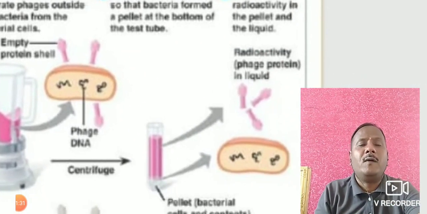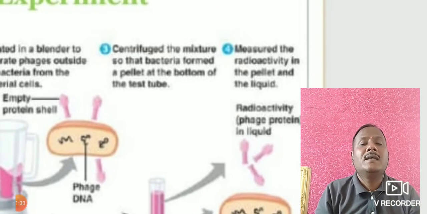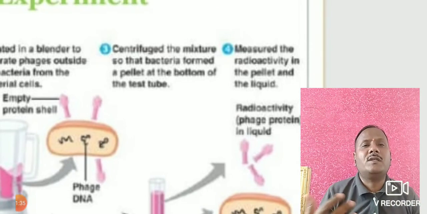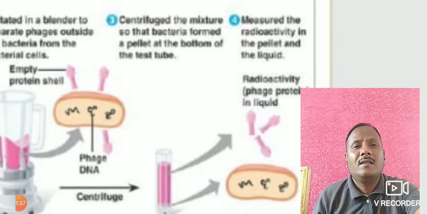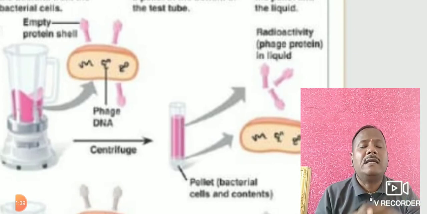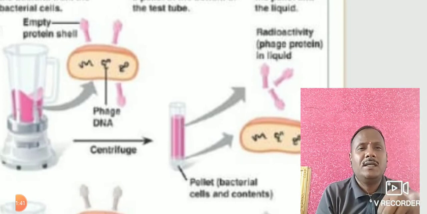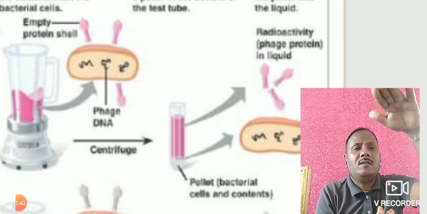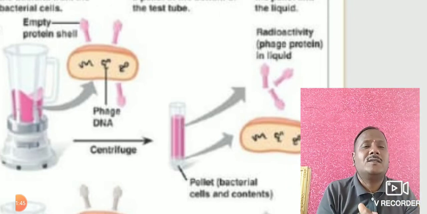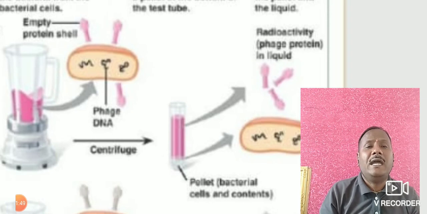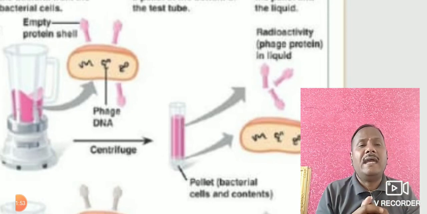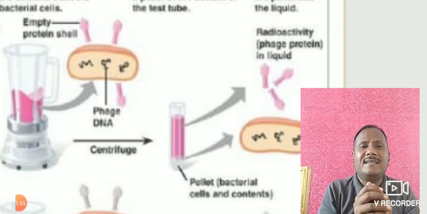Afterwards, due to the centrifugation process, when we collect the centrifuged part into test tubes, the liquid part is collected on the upper side, and at the bottom is the solid part. The solid part is called the pellet, which is nothing but bacterial cells and their contents.